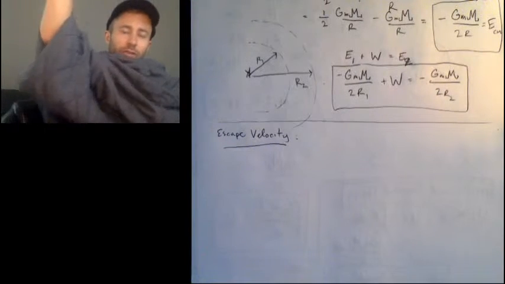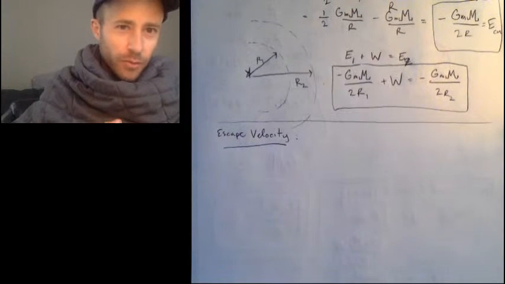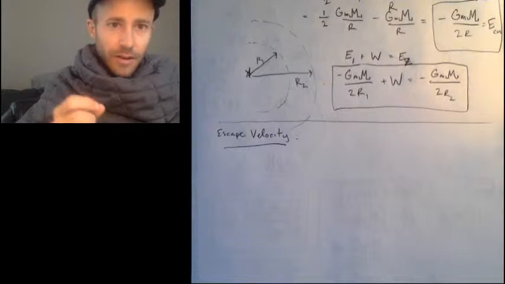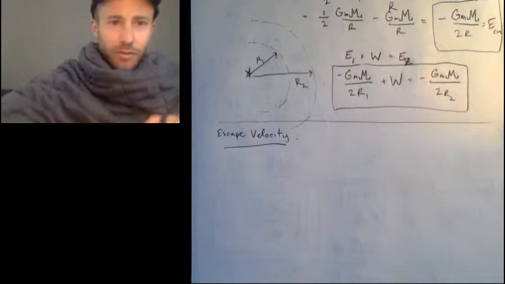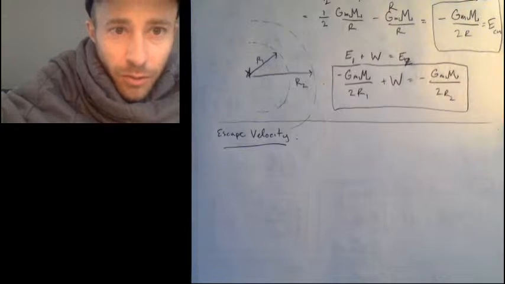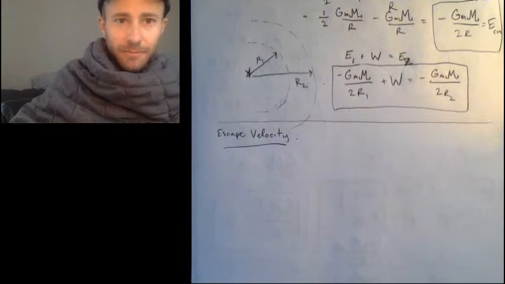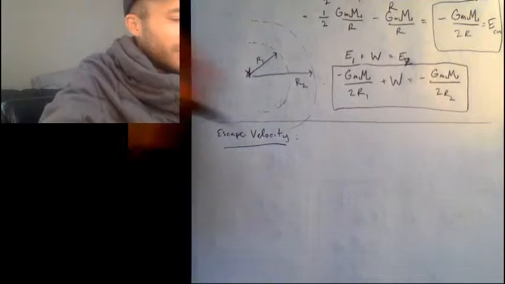Gravity gets weaker as the thing ascends. So what if you could throw something so fast that it leaves the gravitational influence of the Earth before Earth's gravity can bring it to a stop? Then it's going to go up and it's never going to come back down. That's called the escape velocity.